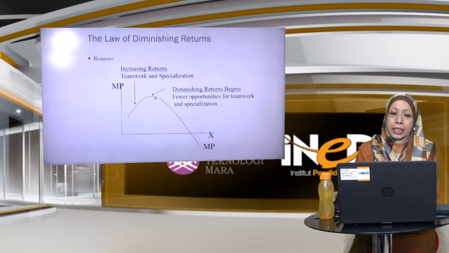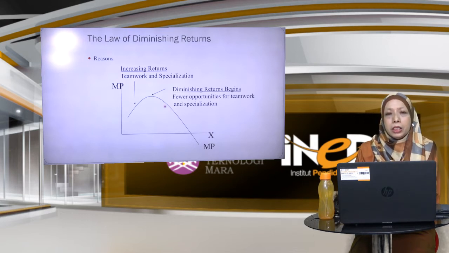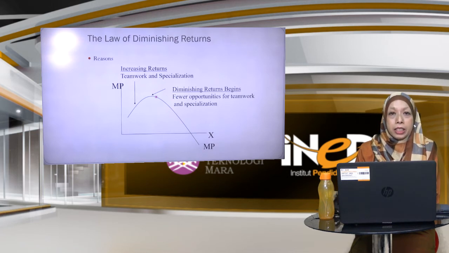But when marginal product falls, this is what we call diminishing return, and you can see that diminishing returns happens after the maximum of marginal product. So why do we have diminishing return? As I said just now, because fixed inputs are limited in quantity, there are fewer opportunities for teamwork and specialization, and for that reason the contribution of the variable inputs that you add starts to decline.